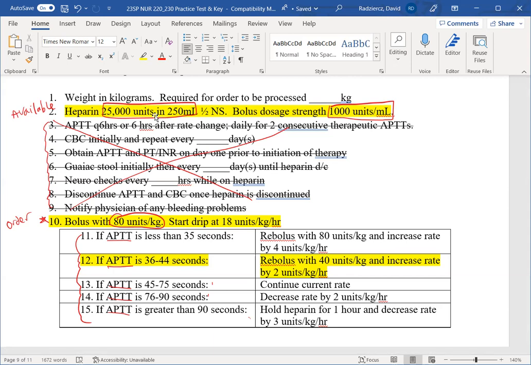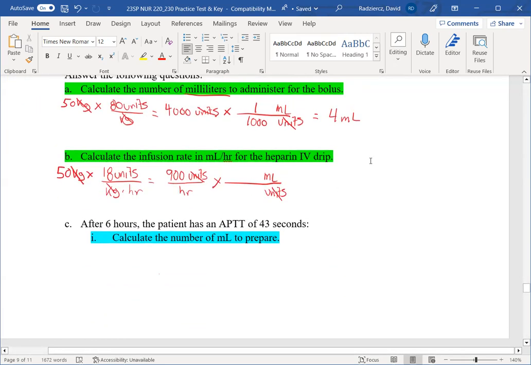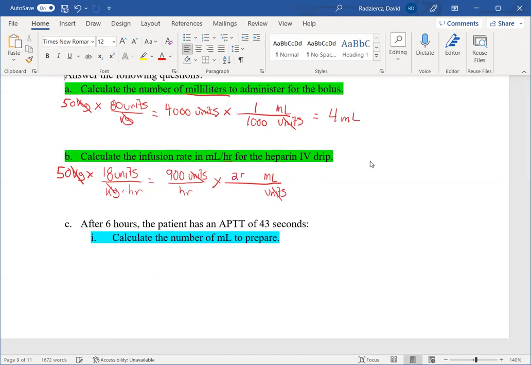We're calculating how fast the solution is coming out of the IV bag and going into our patient. Since we know what that is now, I can just plug those numbers in. 250 ml, 25,000 units. 900 times 250 divided by 25,000 will give me 9 milliliters per hour.